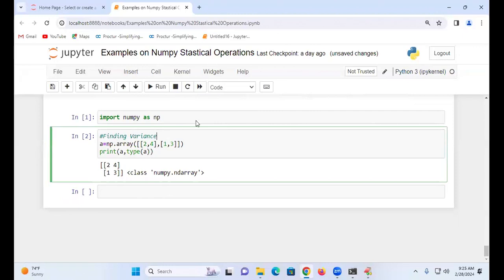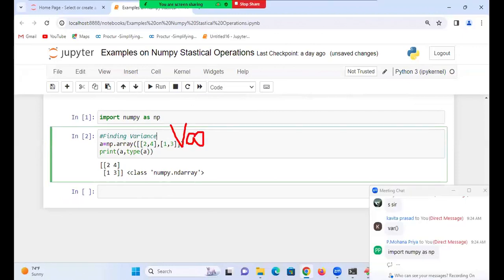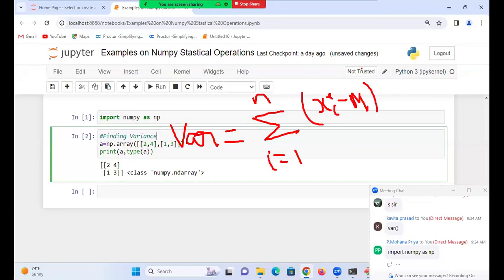The variance has a formula: sigma i equals 1 to n, (xi minus m) whole square, divided by the number of numbers, that is n.